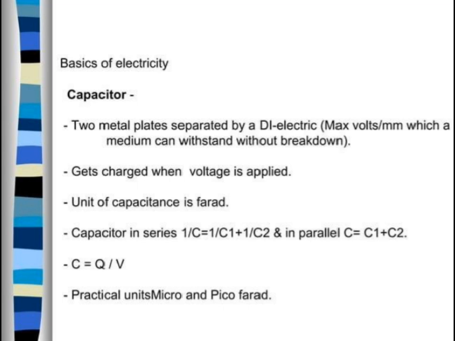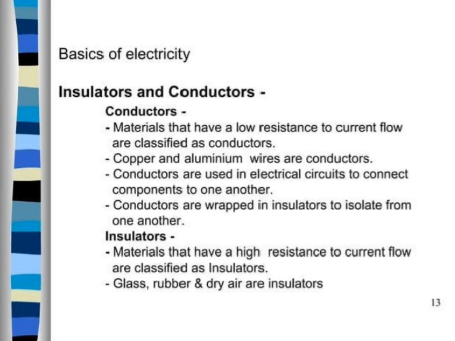So next is ang insulators and conductors. When we say conductors, these are the materials that have a low resistance to current flow, and the examples of conductor materials are copper and aluminum. So high ang iyang conductor sila.